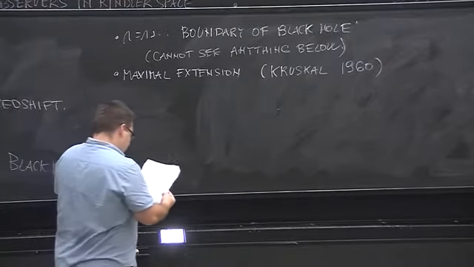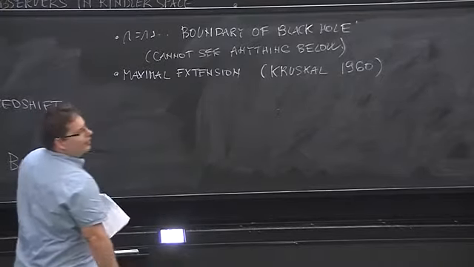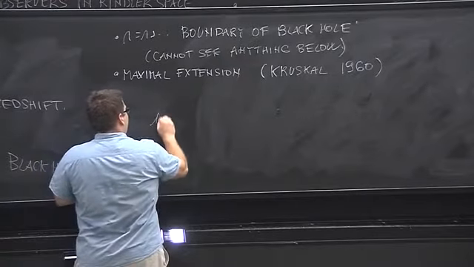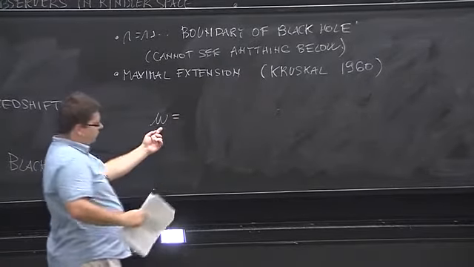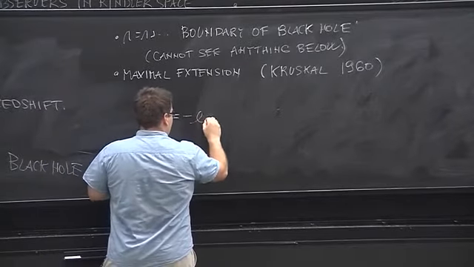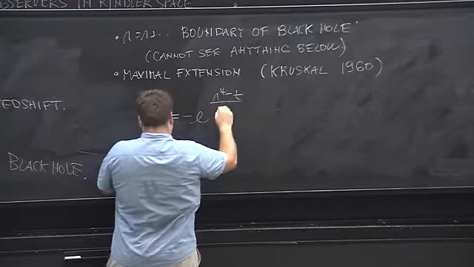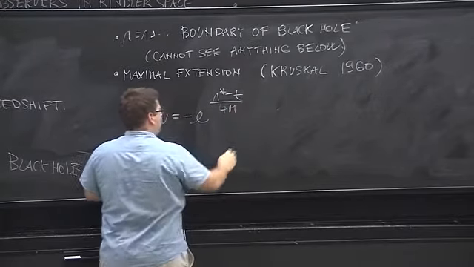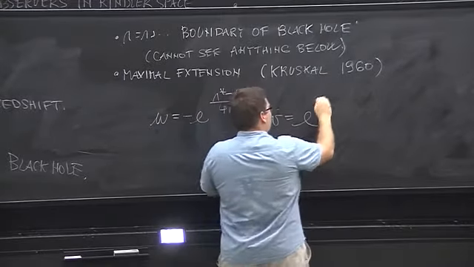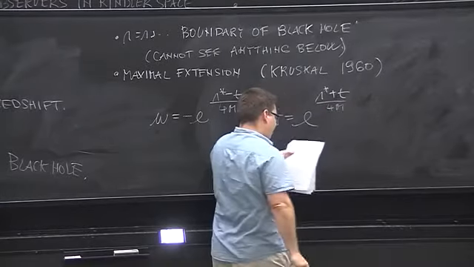And so the change of coordinates is as follows. You have your coordinates r and t, small r and small t, in the Schwarzschild space-time. And then this is the final answer. U, the affine parameter along one geodesic, is equal to minus e to the (r star minus t) divided by 4m. And then V is the exponential of (r star plus t) divided by 4m.